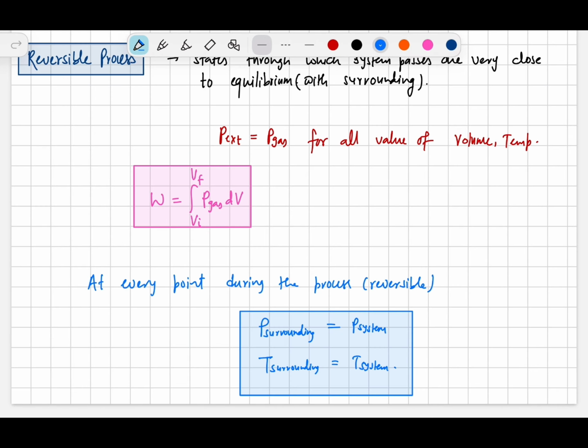Okay, and you should have a question like why it is applicable for only reversible process. Because if you see, you are integrating from V initial to V final, and what is the meaning of integration? Integration is summation, right?